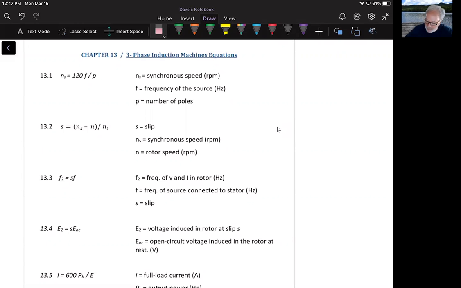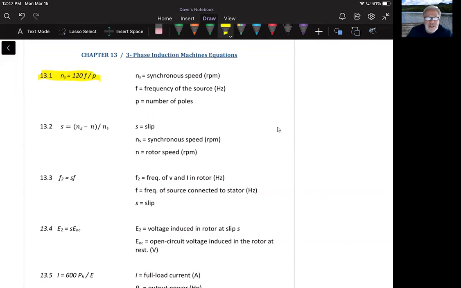The first one's sort of the fundamental equation for three-phase induction machines, the synchronous speed. Let me emphasize a couple of things here.